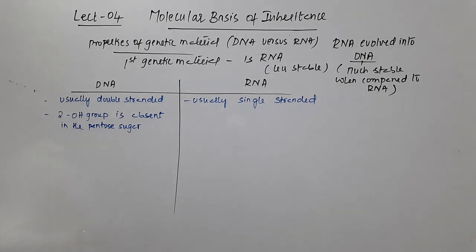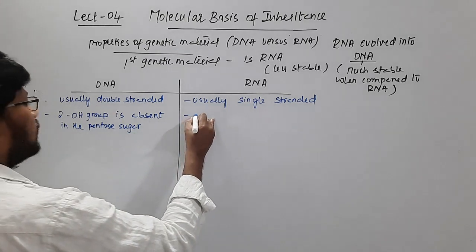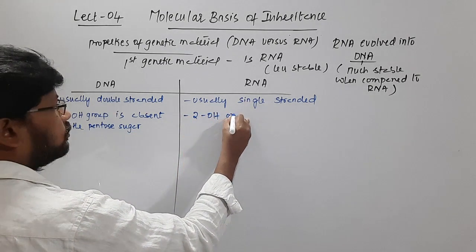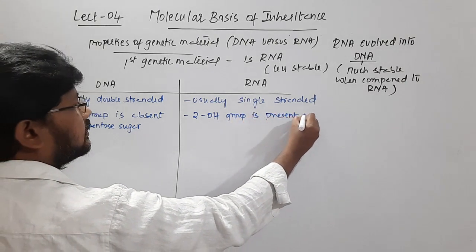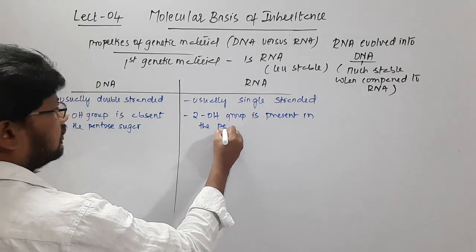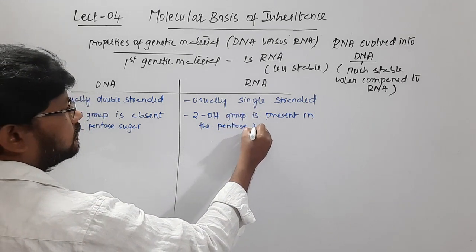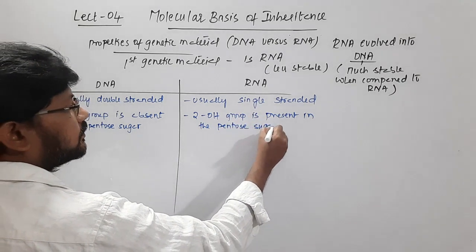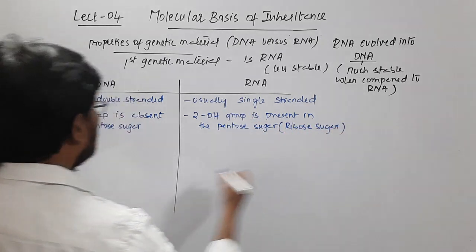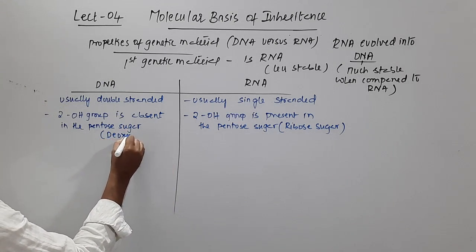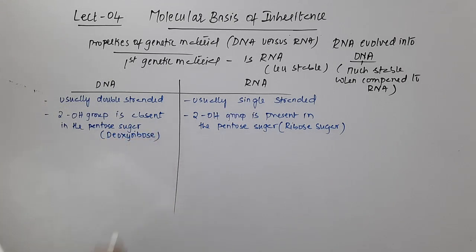But in case of RNA, the second OH group, that is the hydroxyl group, is present in the pentose sugar. So of course that's why it's called the ribose sugar, and in this case it is called deoxyribose.